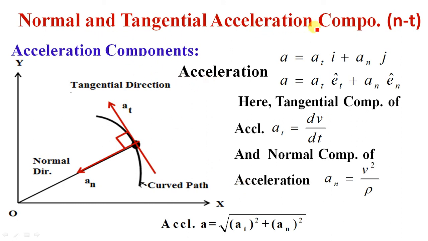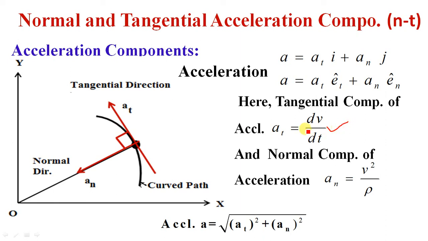Normal and tangential acceleration components of the NT system. The acceleration A is equal to At i plus An j, or A is equal to At et plus An en, where i and j are the unit vectors along the t and n directions. Here the tangential component of acceleration At is equal to dv by dt.